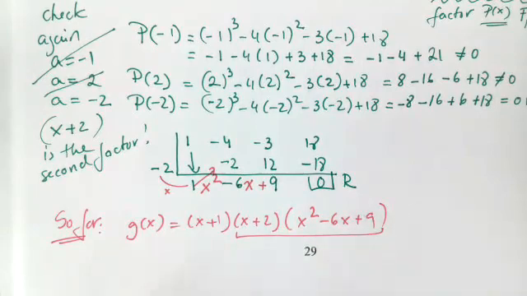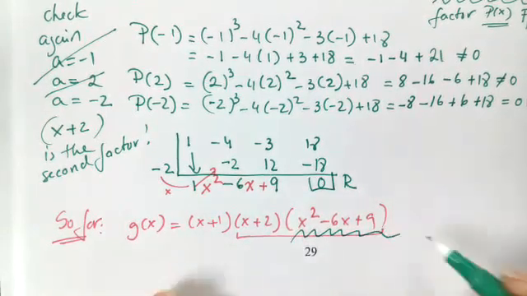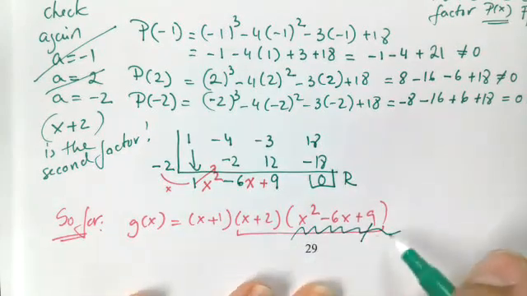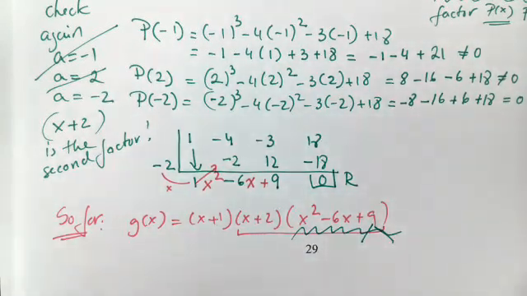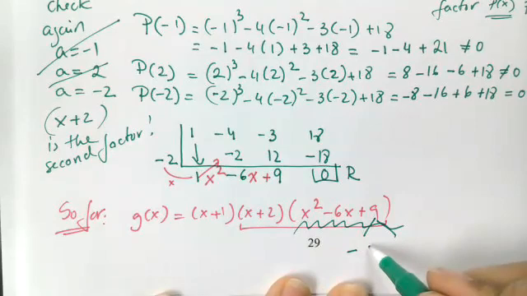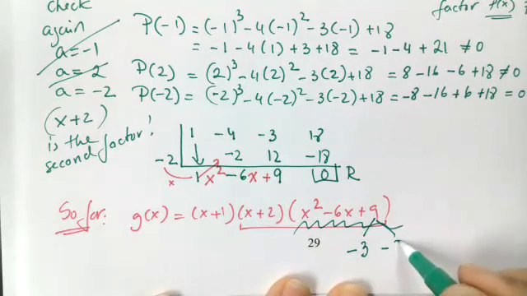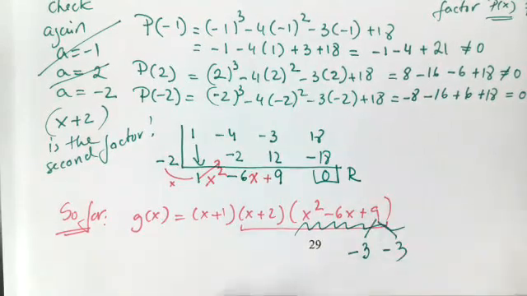When you reach a quadratic, you don't need to use this method anymore, because we have a better way of factoring quadratics, right? Free term here. What are two factors of 9 that add together to -6? -3 and -3, right? So this is the direct kind.